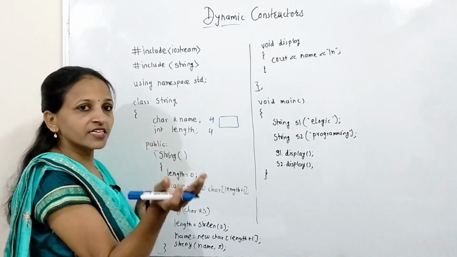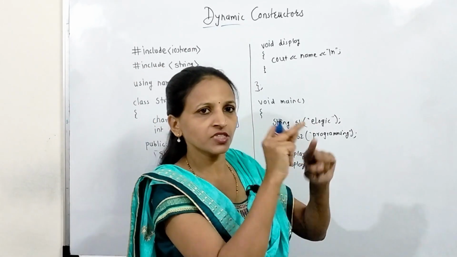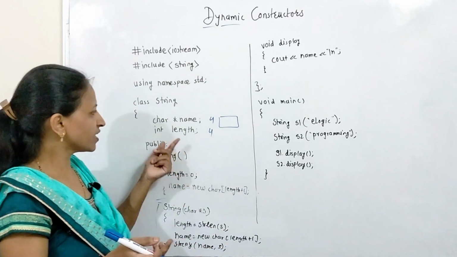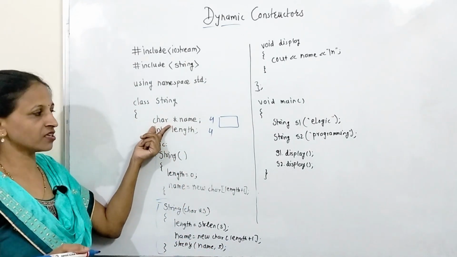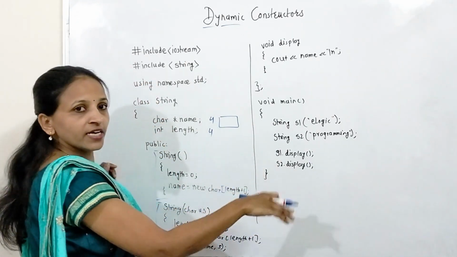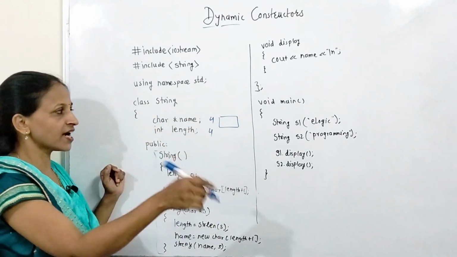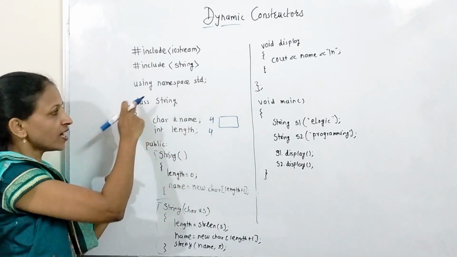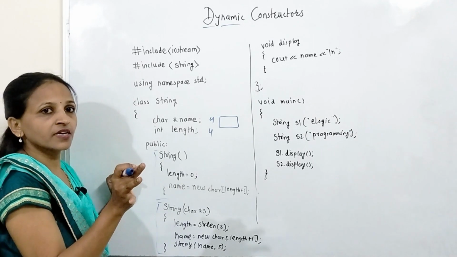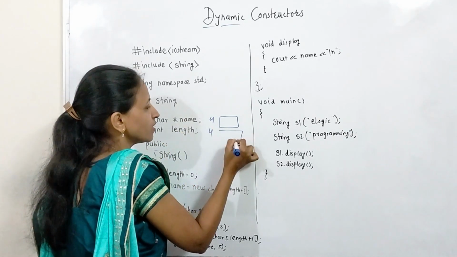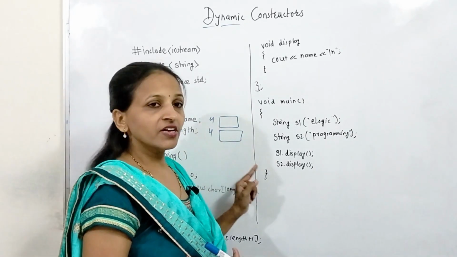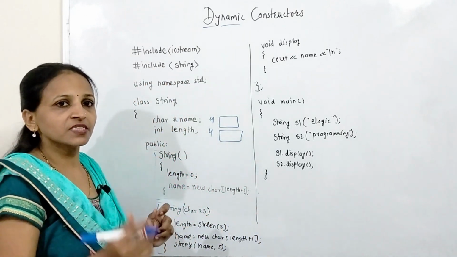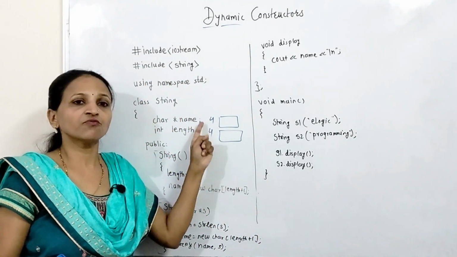Actually, the address of a string is nothing but the address of the first character of that string. That's why here we have declared one character pointer. Somewhere else we will allocate the space dynamically and only its address we will store here as a part of this class. Getting? And length is nothing but the number of characters in that string. Here I will consider a 64-bit system. That's why I have taken 4 bytes here.